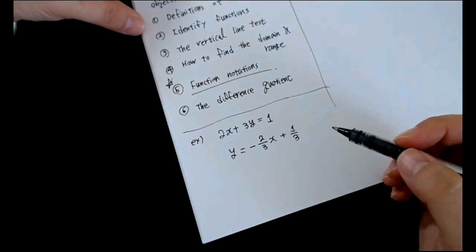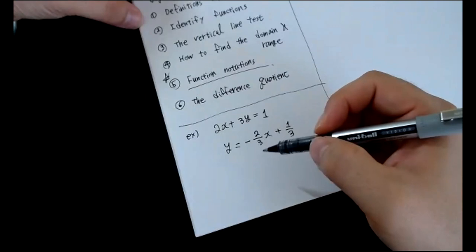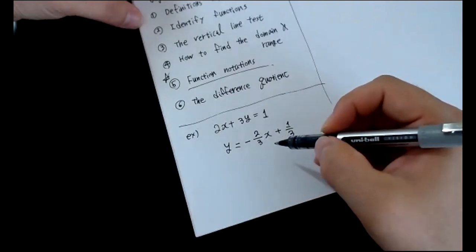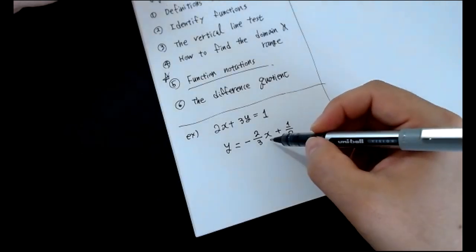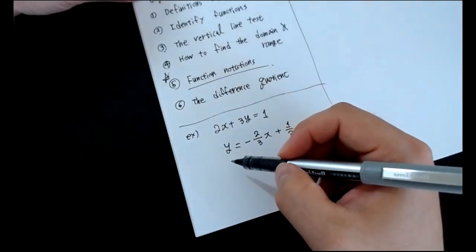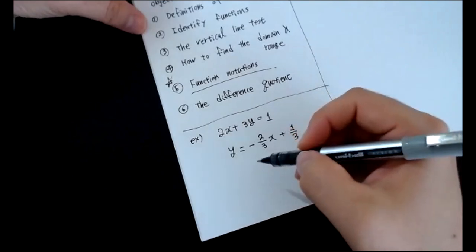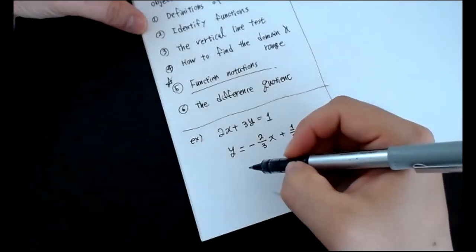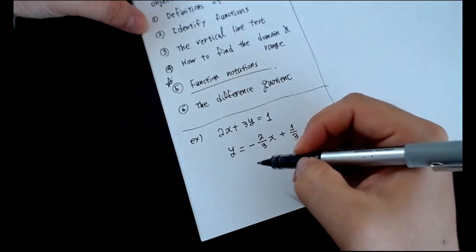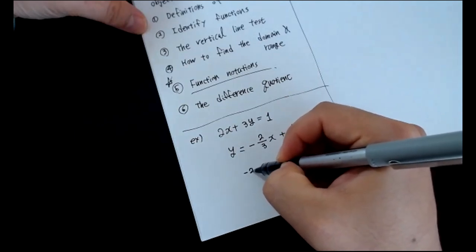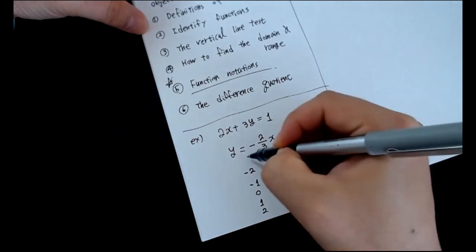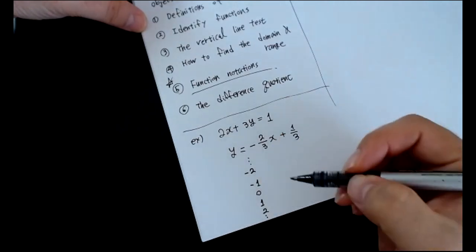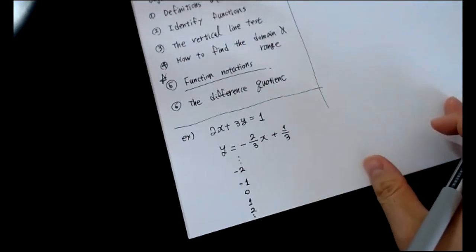Now as you can see, whenever we plug a real number into x, the y value is determined, right? For example, when x is negative 2, negative 1, 0, 1, and 2. We can plug any real number into x.